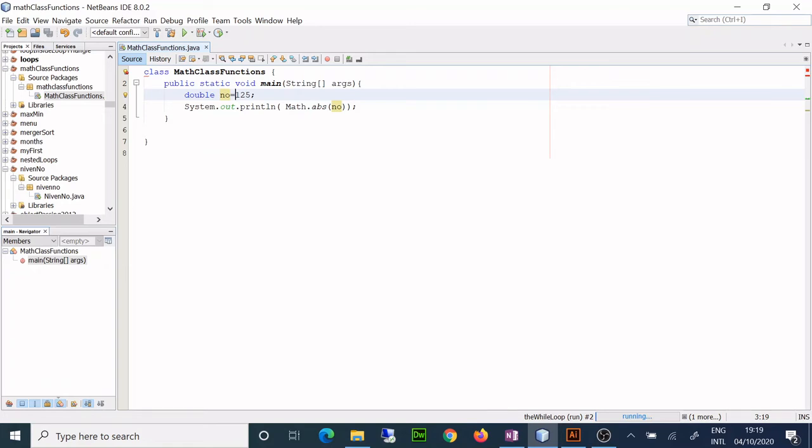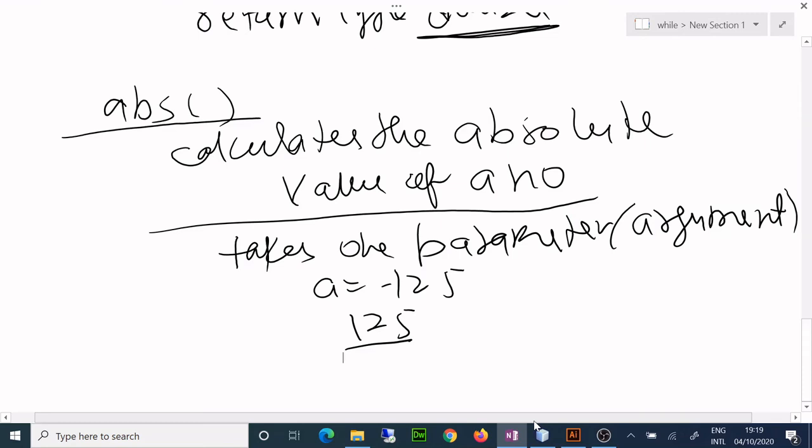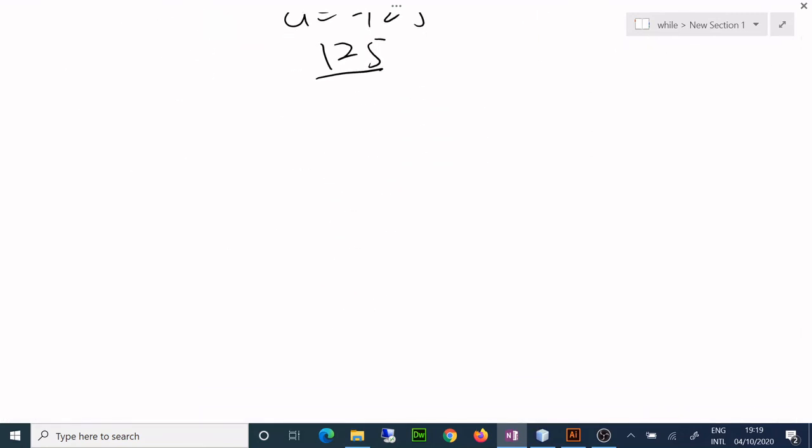So now the next method that we are going to do is math.ceil. Okay, so what does math.ceil do? These are rounding off: math.ceil, math.floor, and math.round. All these three functions basically round off numbers. You know what rounding off is; most of you must have done it in maths.